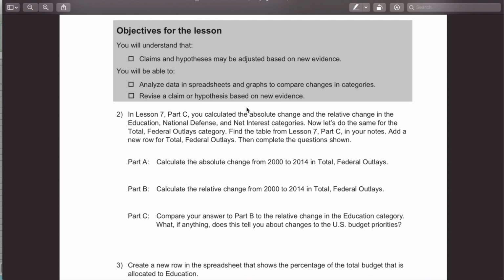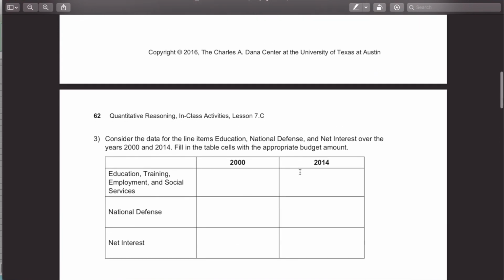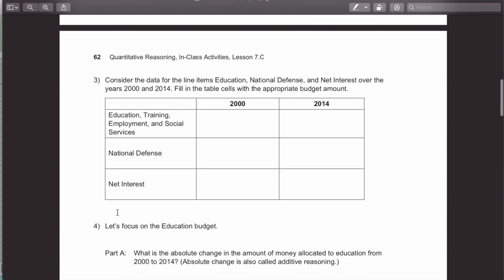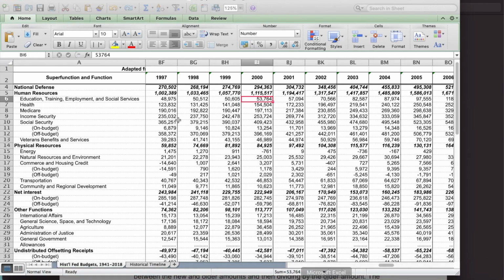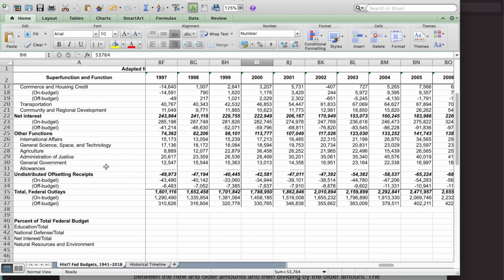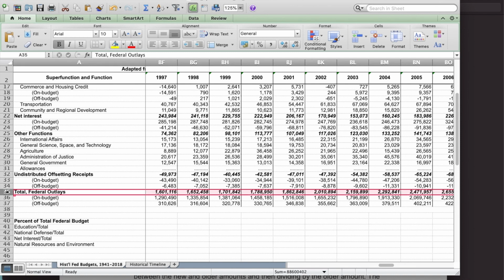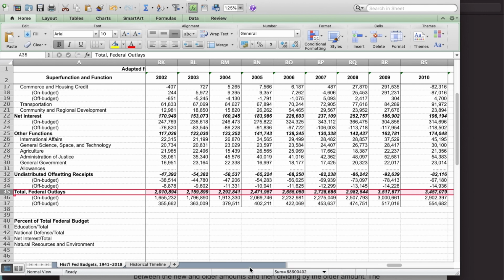So now, like I said before, we're going to make a comparison to the total federal outlays. So you're going to want to come up to your previous table you had filled out before, and add another row to it. In that row, we're going to use the information from our Excel sheet that says total federal outlays. So this row right here. And just like before, grab the number from 2000 and 2014.